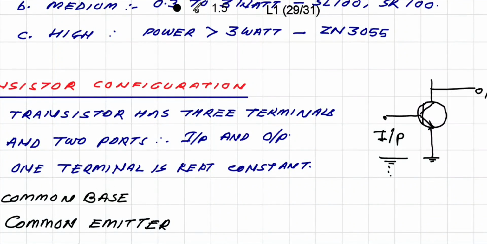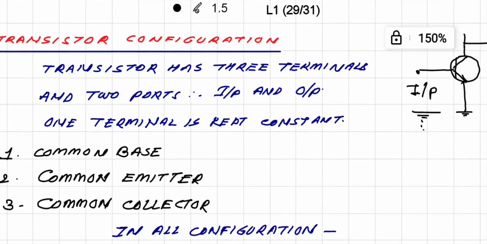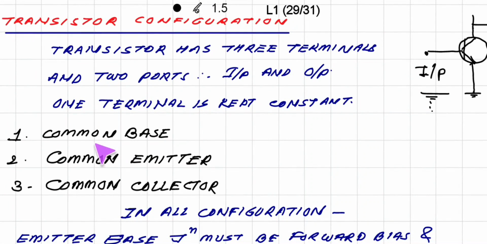The second thing is, we see that one of the terminals is taken common. So here in the common emitter amplifier, the emitter is common, connected to the base and also connected to the collector. Based on which terminal is taken as the common terminal, the transistor has 3 configurations, that is common base configuration, common emitter configuration and common collector configuration.